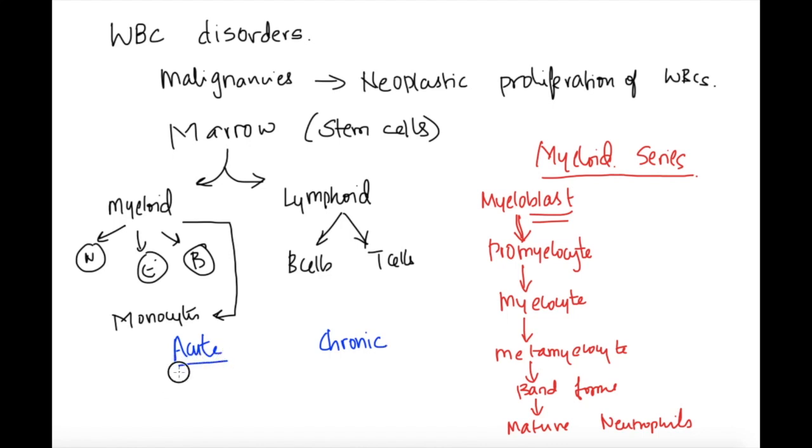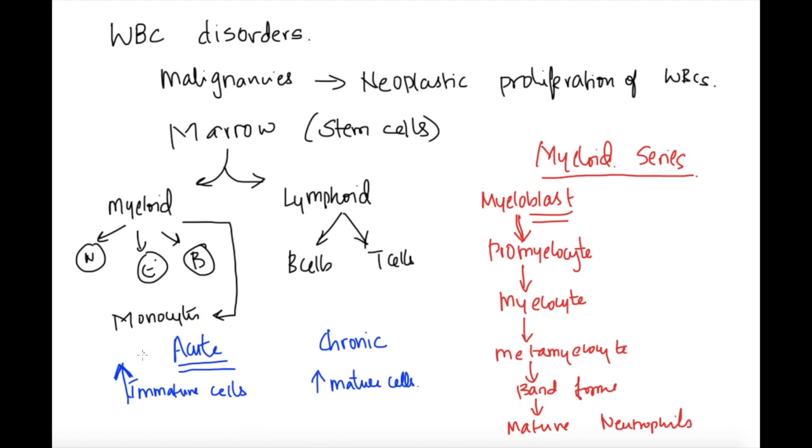Acute means the immature cells have increased. Rather, it is the malignancy and the proliferation of the immature cells. Chronic refers to the increase in the mature cells. So that is acute and chronic.